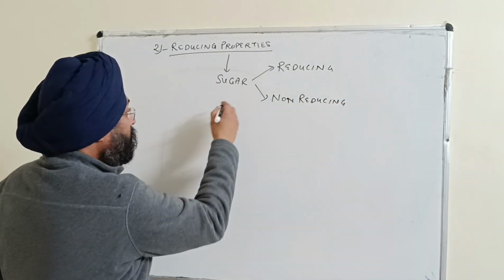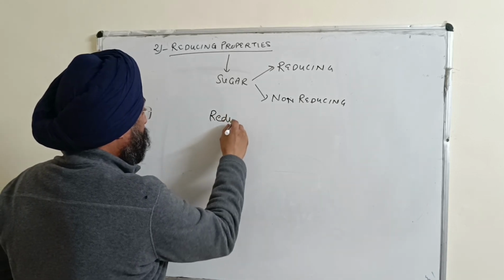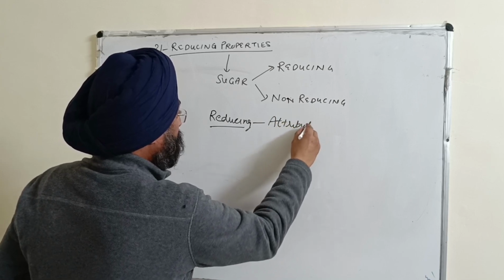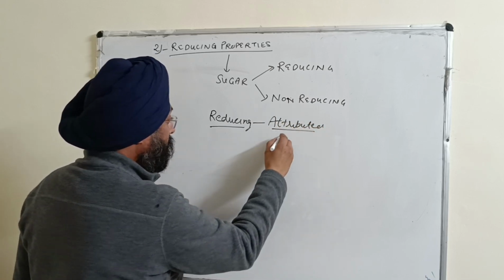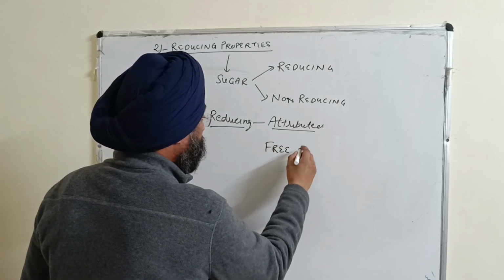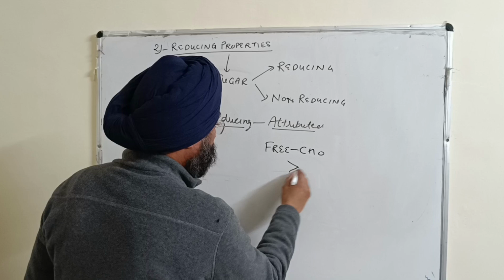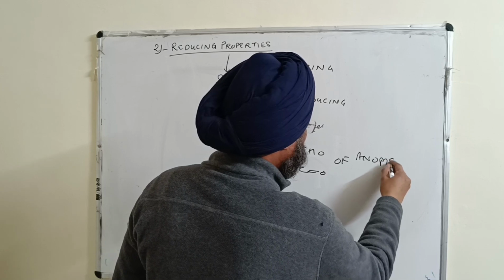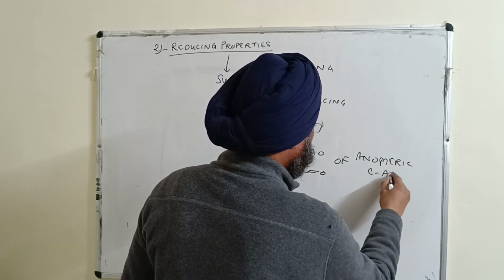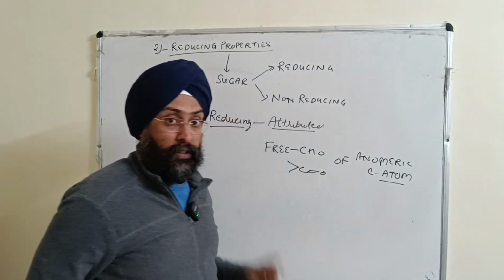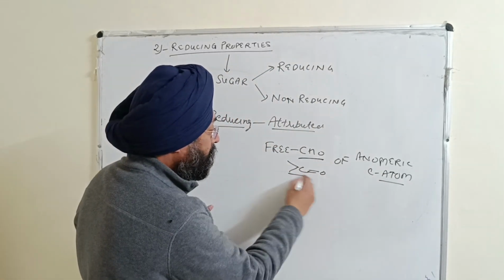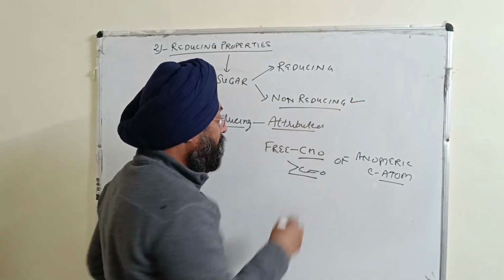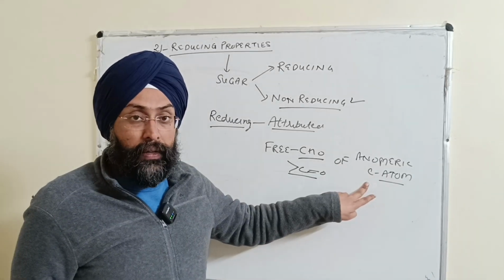And moreover, the reducing property is attributed to the free aldehyde or keto group of the anomeric carbon atom, right? The sugar is reducing when it has a free aldehyde or keto group at the anomeric carbon atom, right? And it is non-reducing when it doesn't have any free aldehyde or keto group at the anomeric carbon atom, right?